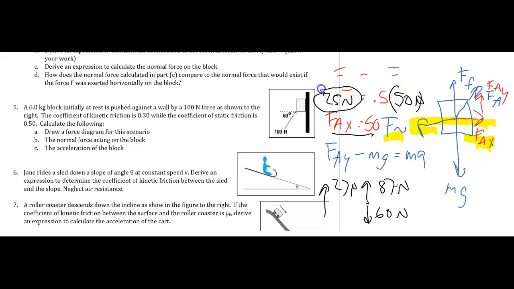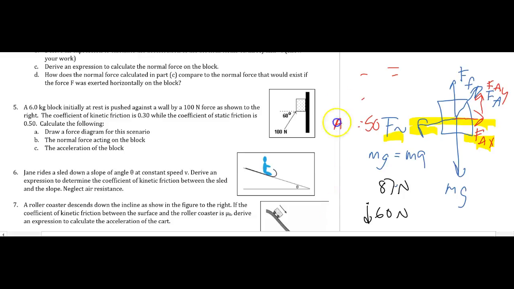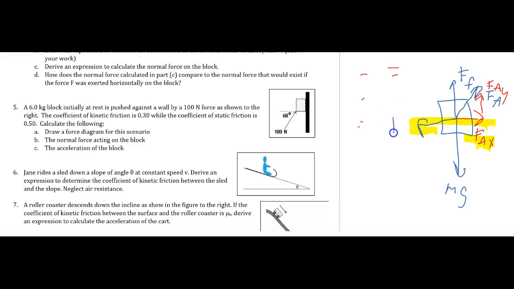Right? So let's start this mess all over again. So now I can do my free body diagram on the entire thing. So now I can say, well, here I'm going to have in the y direction force of friction plus Fay, and then minus mg equals ma.